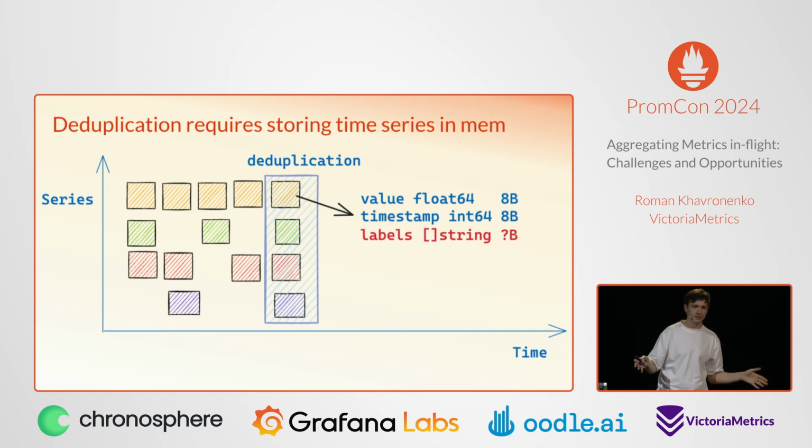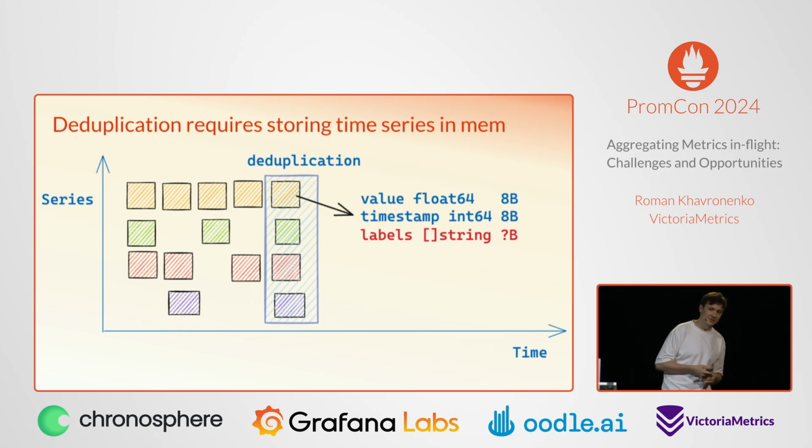You can't put this data there, then index it, and then search it. No, you have to store it in memory. And every sample contains the following fields. Well, you have this value and timestamp tuple, which are pretty predictable, right? They both consume 8 bytes. So if you store, for example, 1 million unique time series samples, you will need 16 megs of memory. That's not that much. That's pretty easy.